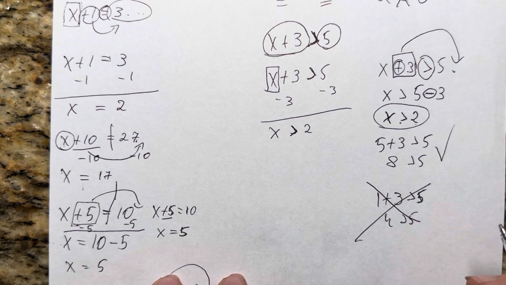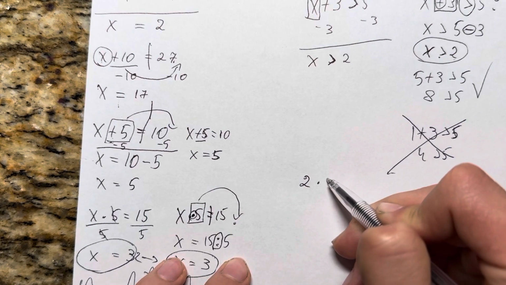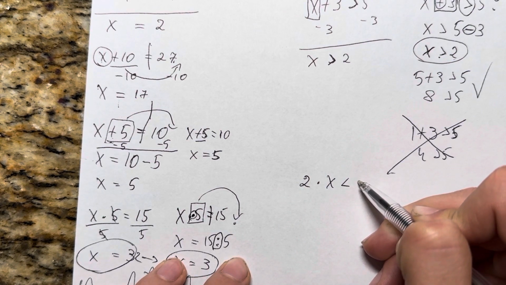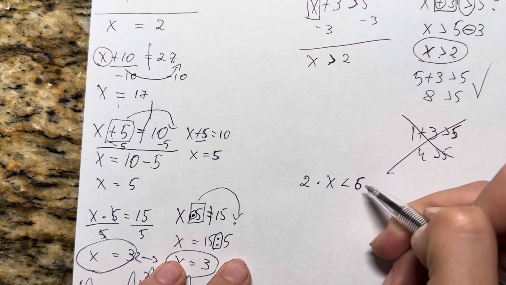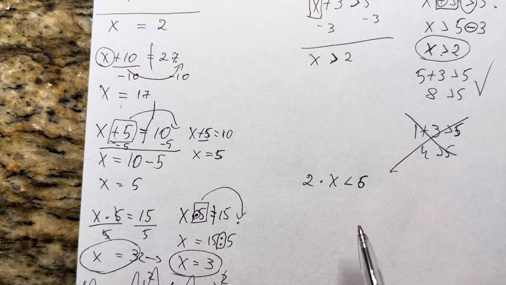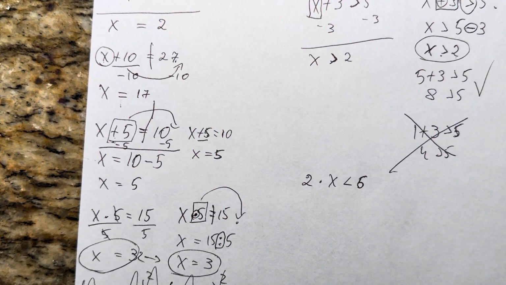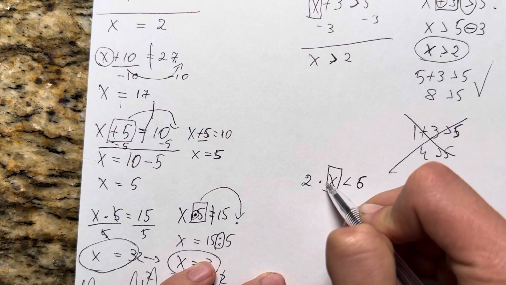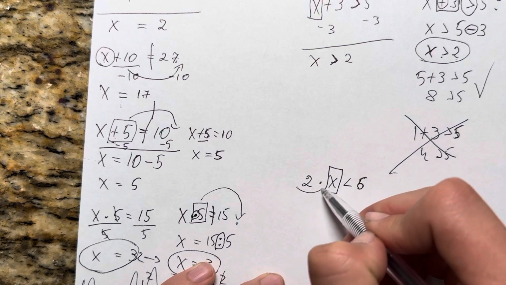Right, next example. 2 times x is less than 6. Remember, if you want to solve for x, find out what the possible value of x is, all you have to do is leave the x by itself, isolate it, and move everything else to the other side.